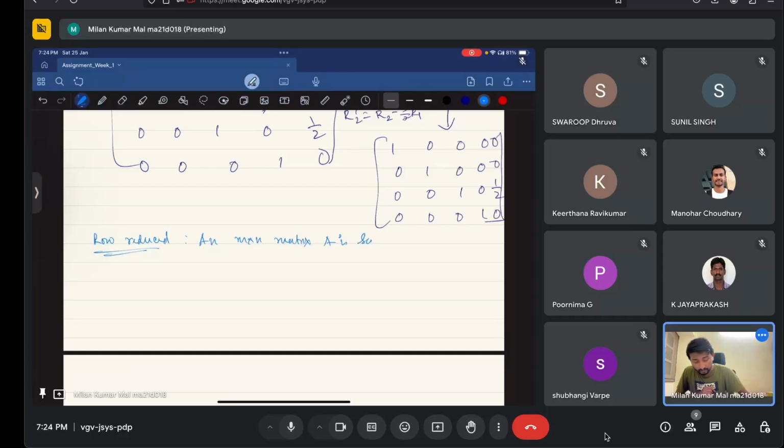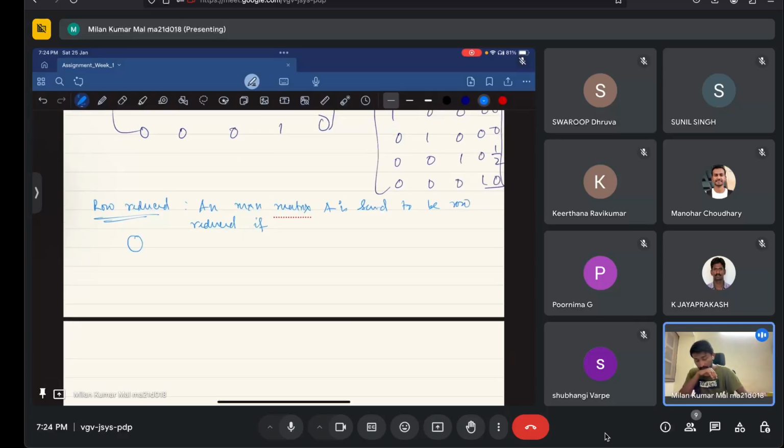A is said to be row reduced if the first non-zero entry in each non-zero row of A is equal to 1. Okay, this is the first condition.